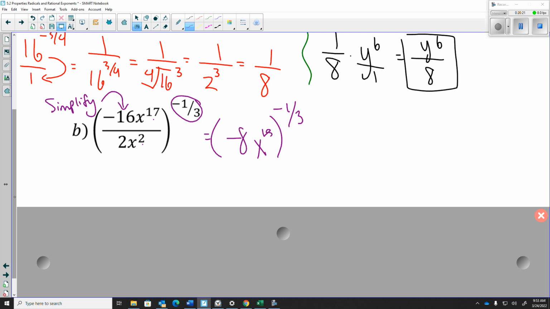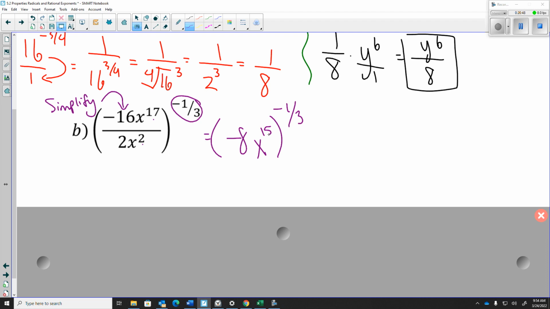It's negative 8x to the 15. I'll just rewrite it. Like I said, you can either flip this whole entire thing or you can split it up. You want to see one of those ways more than the other?